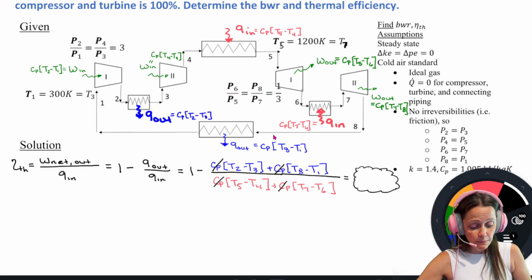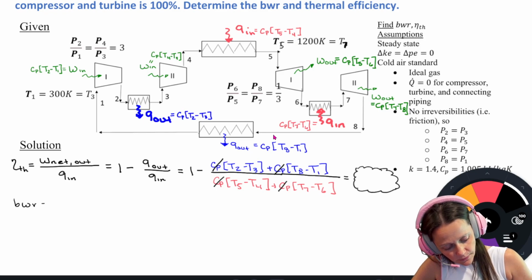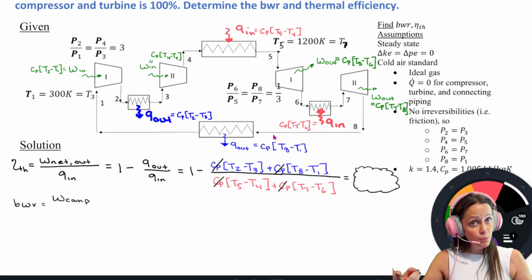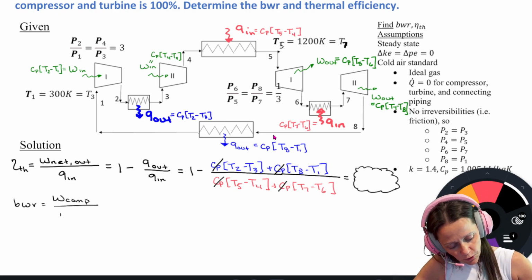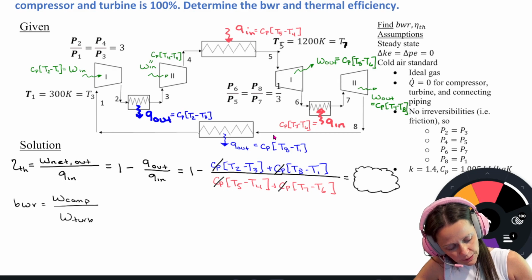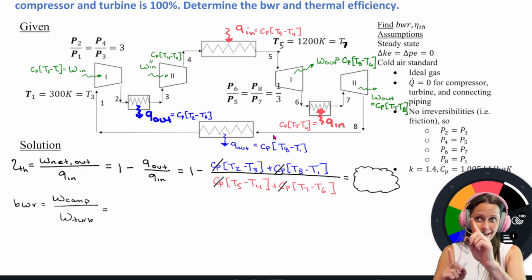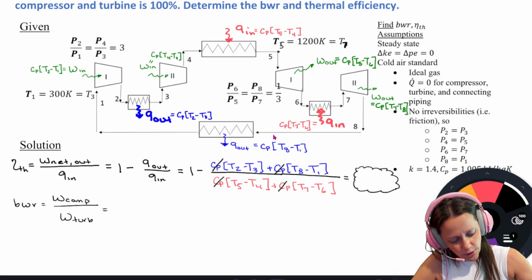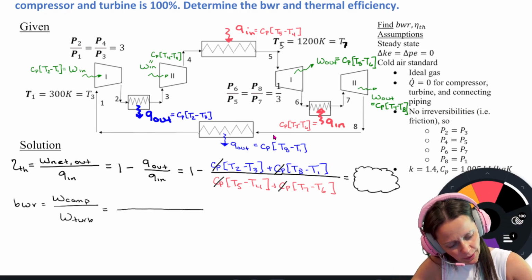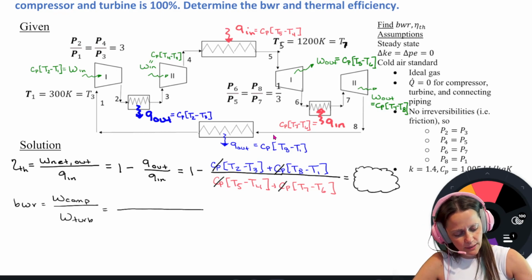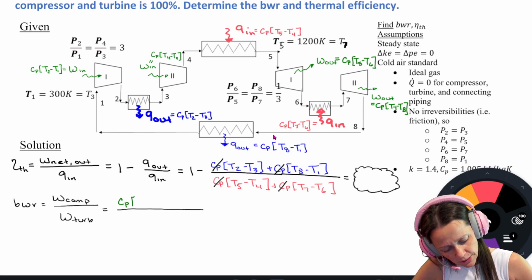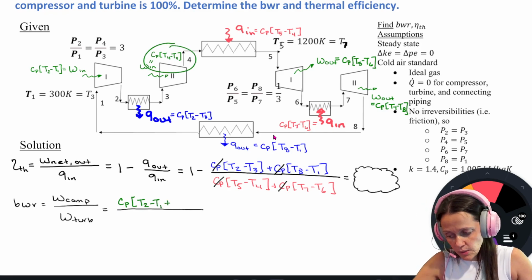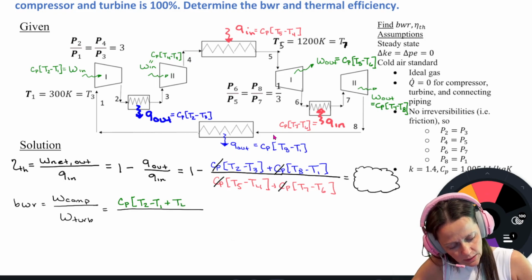All right. And then my back work ratio. Work of the compressor, and it's both compressors, right? I got two of them, over the work of the turbine or turbines. I'm not going to put an S because that might make me think isentropic, and I don't want to think of that. So on the top, work of the compressors: CP times T2 minus T1 plus this one, T4 minus T3.